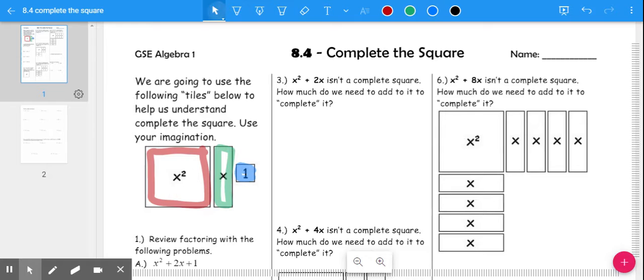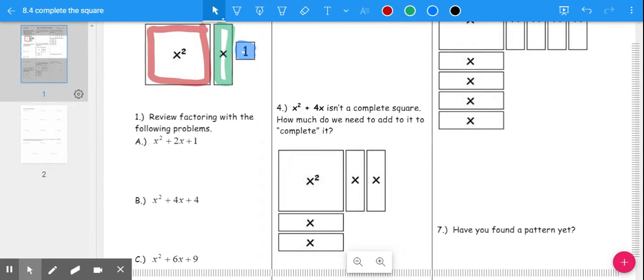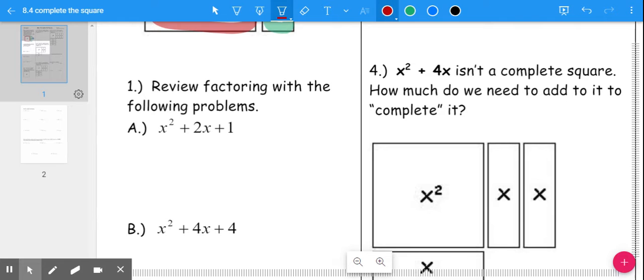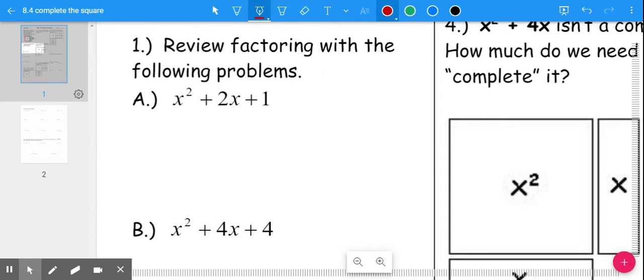So the first one we have is this one. We're trying to figure out how we can use those algebra tiles, the x squared, x, and the 1, in order to create this, but at the same time, we need to keep it a perfect square, by the definition of a square as you know it. So we have the x squared block.